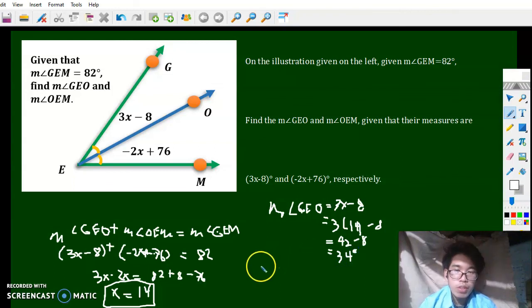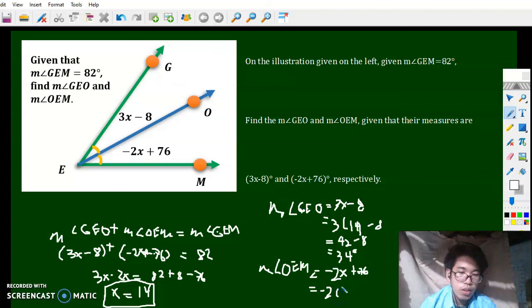How about the measurement of angle OEM? The measurement of angle OEM is negative 2x plus 76. The same process, we have to substitute the value of x there for negative 2x. So that's negative 2 times 14 plus 76.